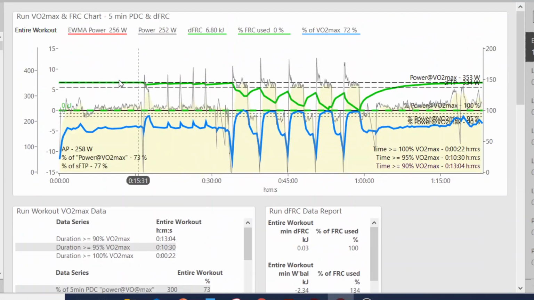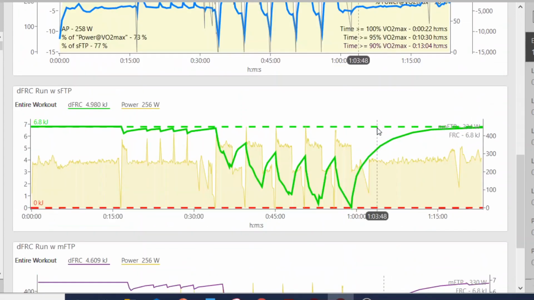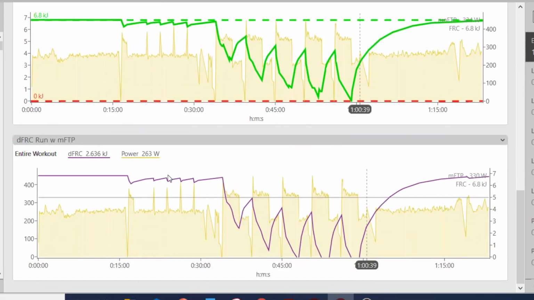WKO came up with the dynamic FRC model. And when you get it in WKO, it defaults to this. It's based on modeled FTP.